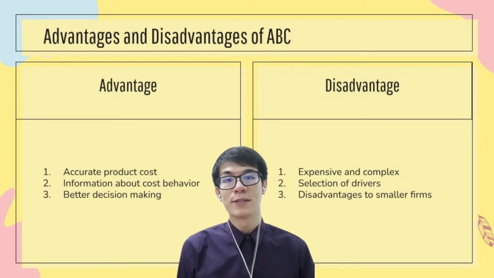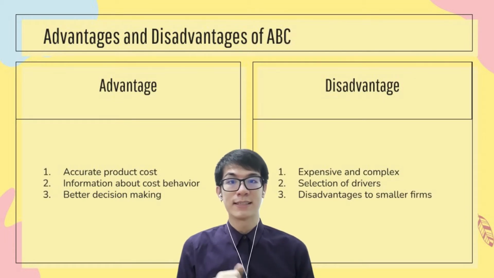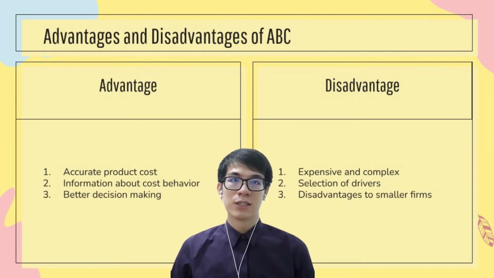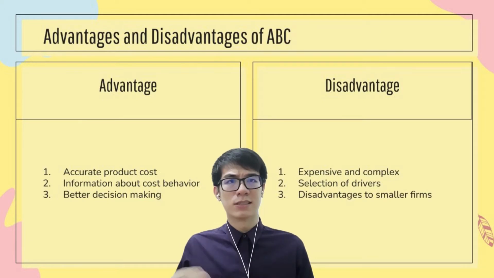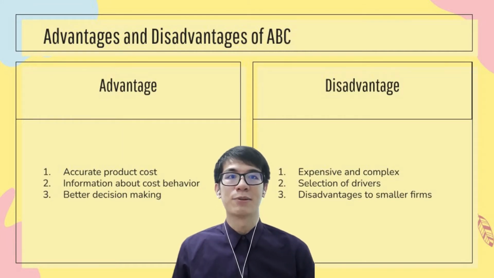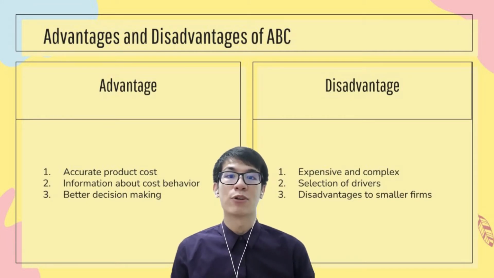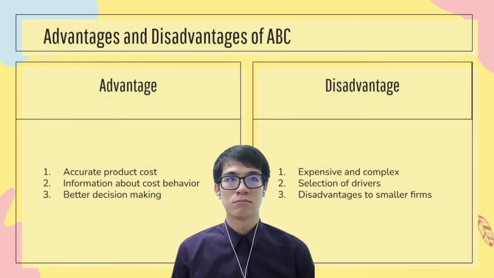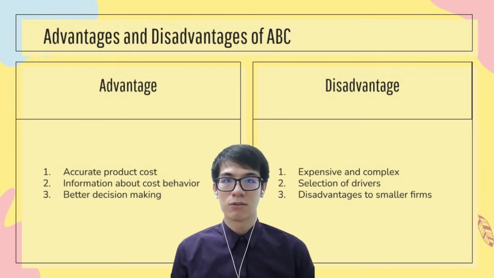Okay, so now I'll be talking about the advantages and the disadvantages of ABC. Let's start with the advantages. The first advantage for ABC is accurate product cost. ABC brings accuracy and reliability in product cost by focusing on cause and effect, in the relationship in cost occurrence.